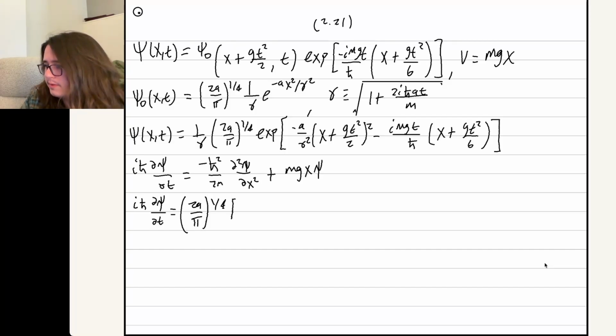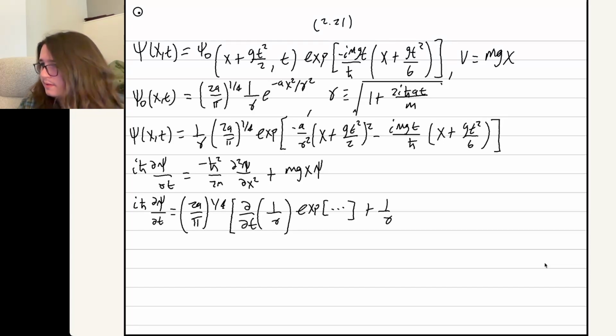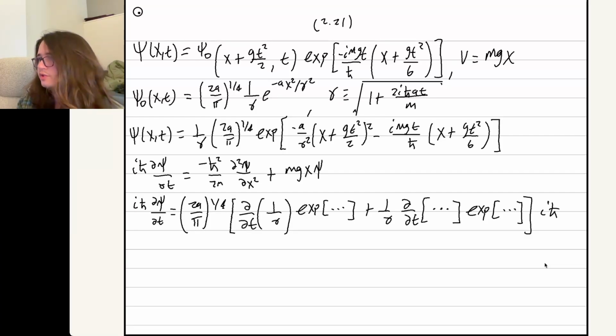The funky thing about this is that gamma is time dependent, so we're going to have to take the time derivative of 1 over gamma and be left over with the exponent term, but then also plus 1 over gamma times the derivative with respect to time of the stuff inside the exponent times the exponent, right? And then multiply all of it by i h bar. So we got our work cut out for us.